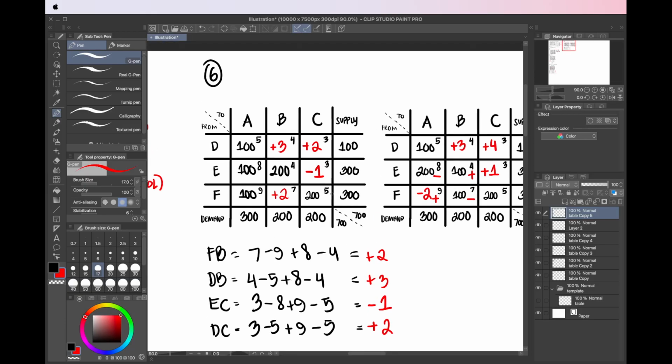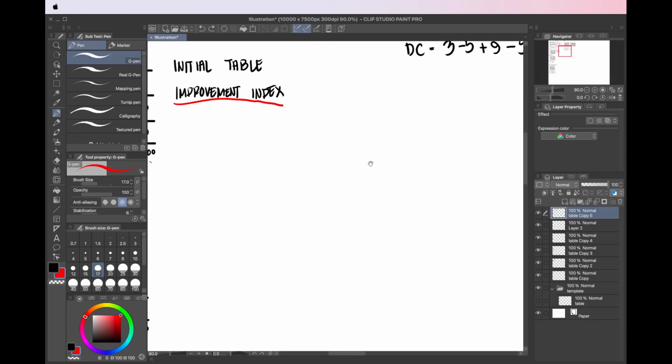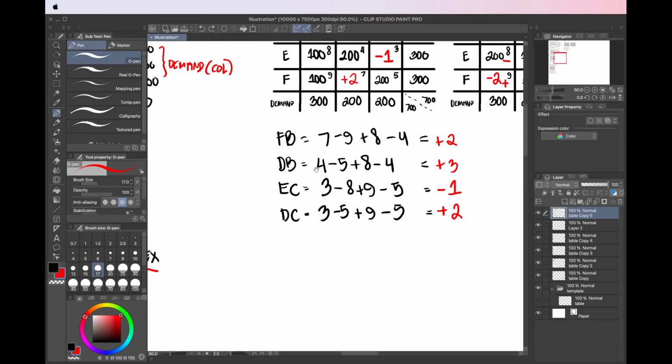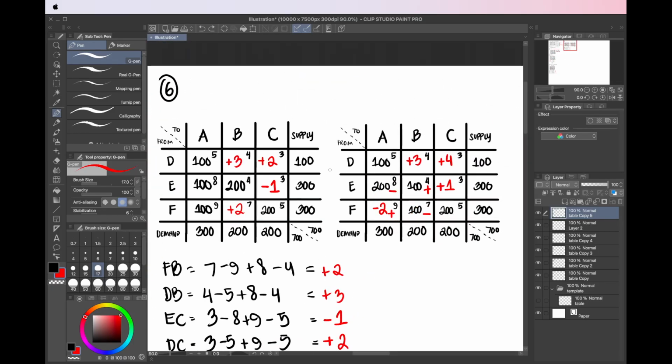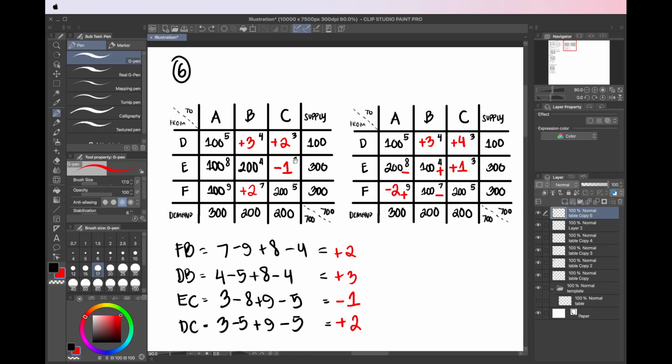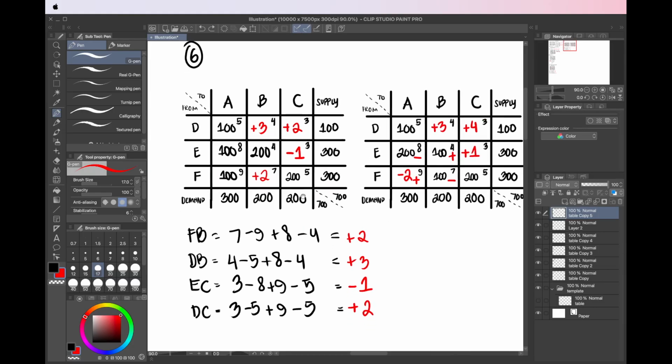Alright. So notice again here that in your improvement index there's still a negative, meaning this can still be minimized. So what would we do now? We do what we did here. Remember the plus minus. However, we need to follow the path of how we got the EC entry. For EC we did 3 minus 8.